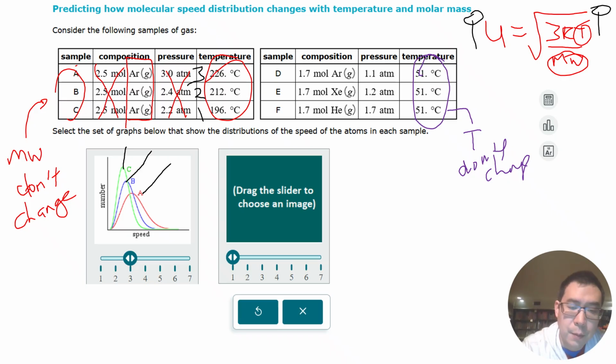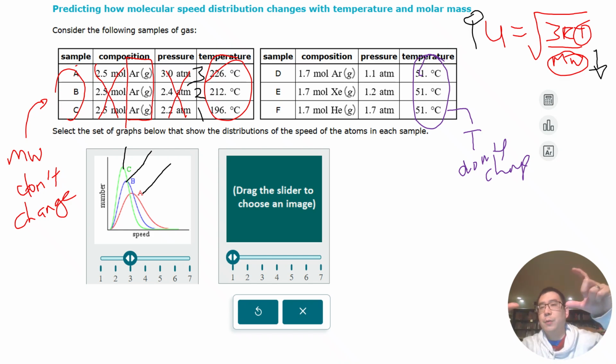U goes up when molar mass goes down. So the highest molar mass will have the smallest speed. The lowest molar mass will have the biggest speed, or the highest speed.